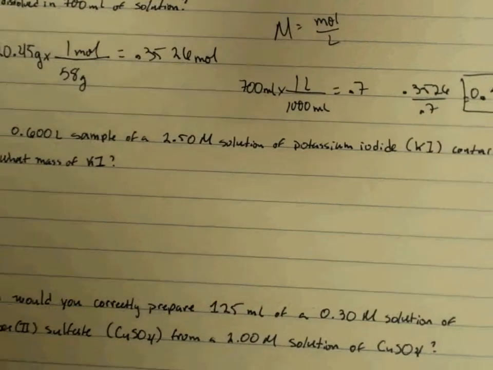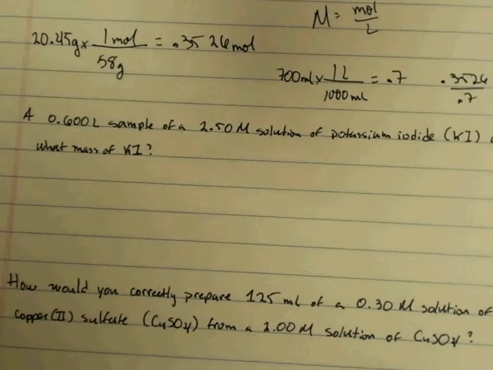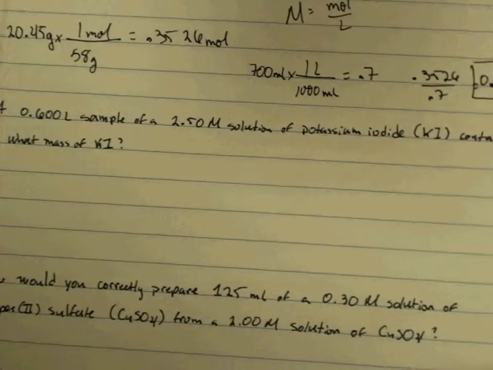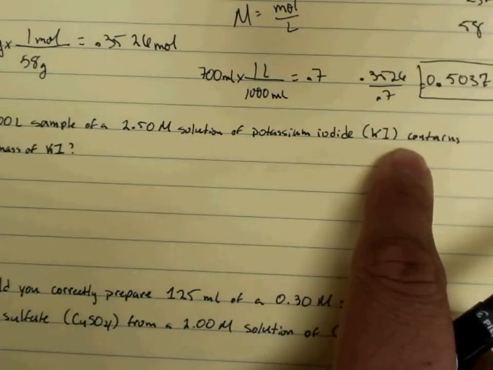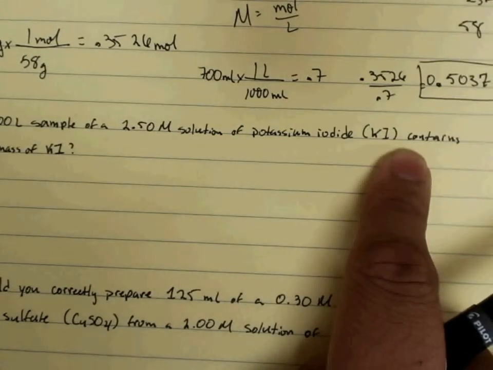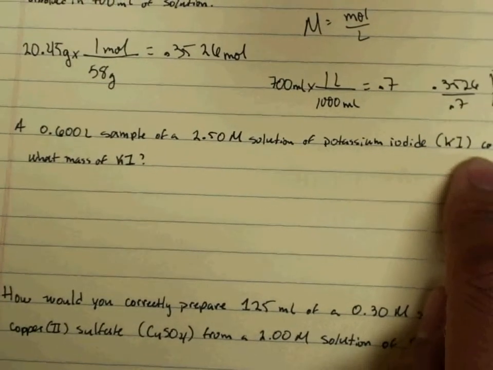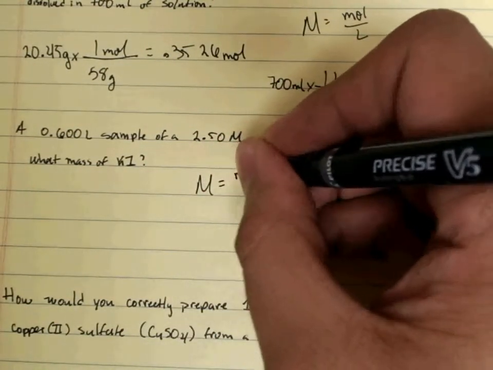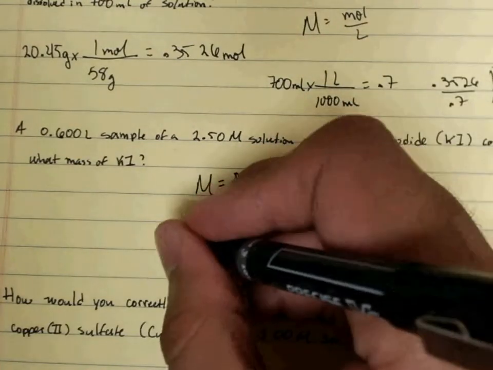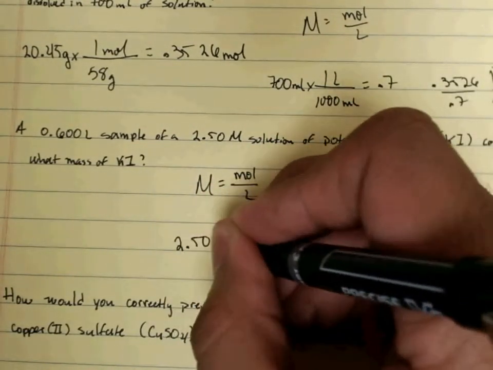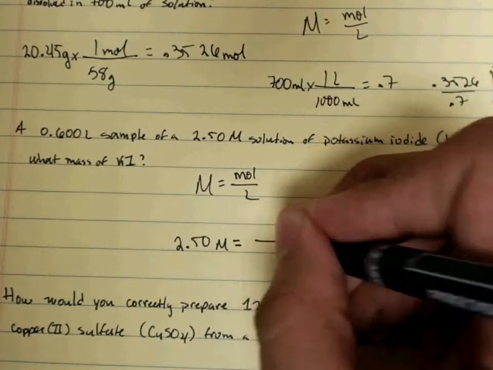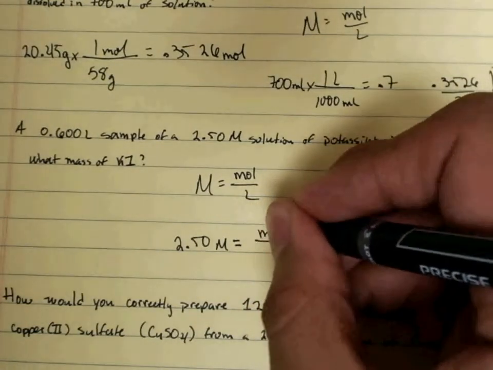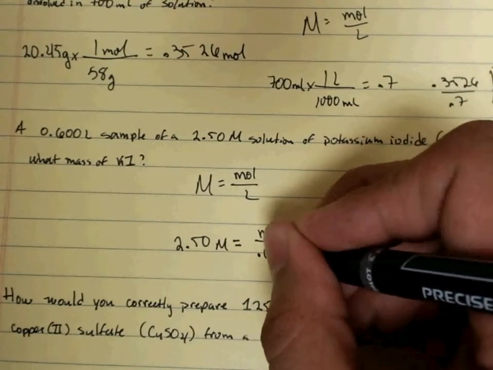Okay, so next problem. A 0.6 liter sample of a 2.50 molar solution of potassium iodide, KI, contains what mass of potassium iodide? So I have the same equation. I have 2.50 molar is equal to something over 0.6 liters.